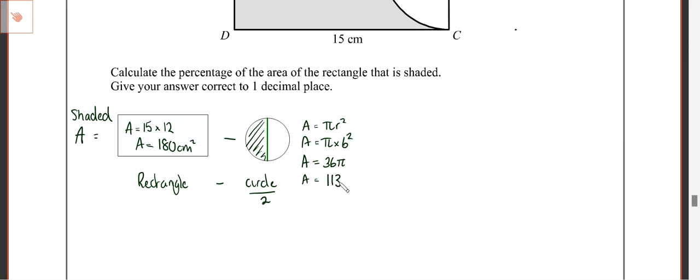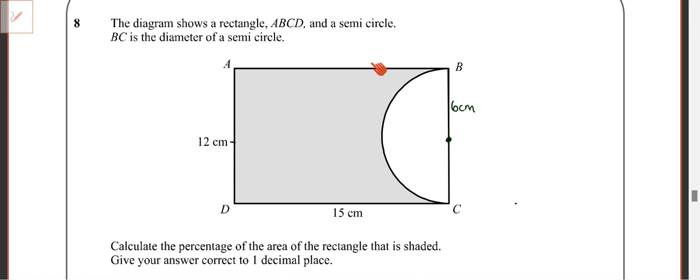Why is it half of a circle? It's not half of a semicircle, it's half a circle. Why do you have 6? So the radius of a circle is the length from the middle to the outside of the circle. I know this length is 12, therefore the whole thing is 12, therefore half of it is 6.